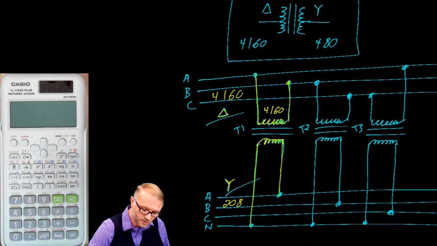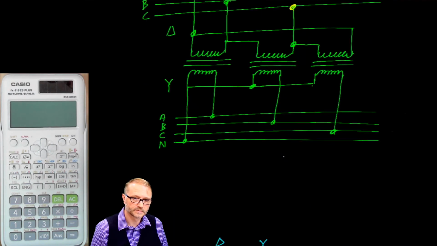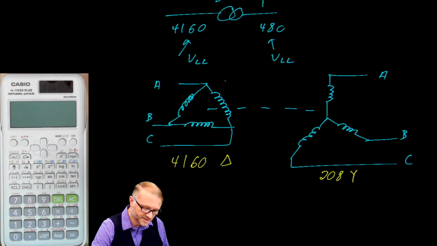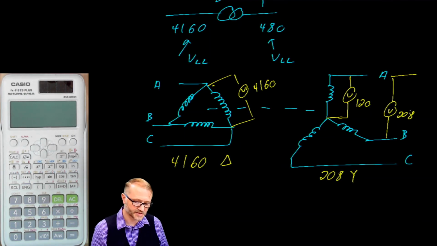So instead of seeing 208, we see 120 volts. So this is a 4160 to 120 volt step down transformer. If we were to sketch that here, we could talk about a voltage as 4160 on this side. We can talk about a voltage across the phase of this transformer as 120. And finally, just for completeness, if we were to measure phase to phase, we would read 208 in this particular system.